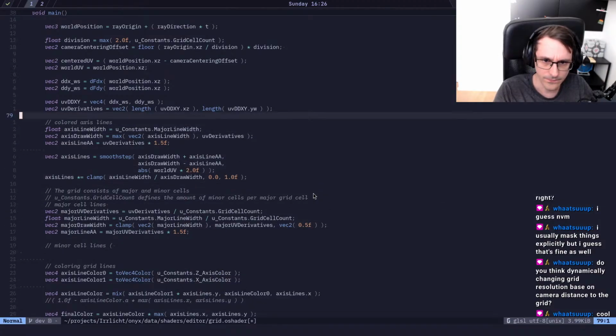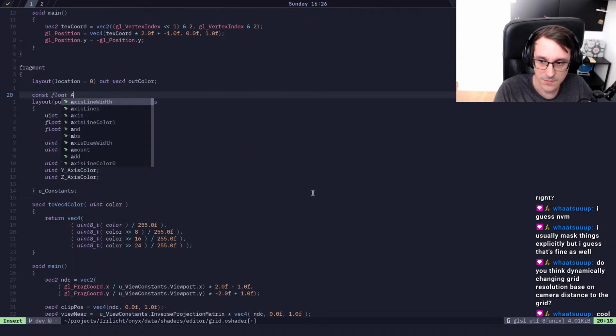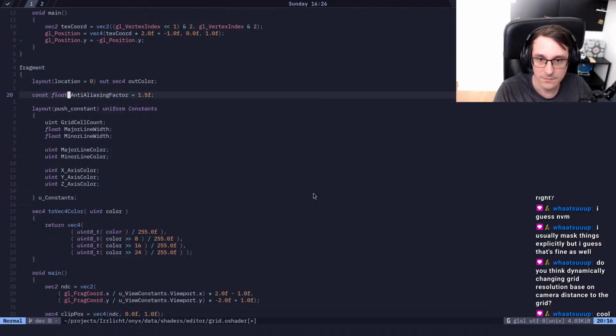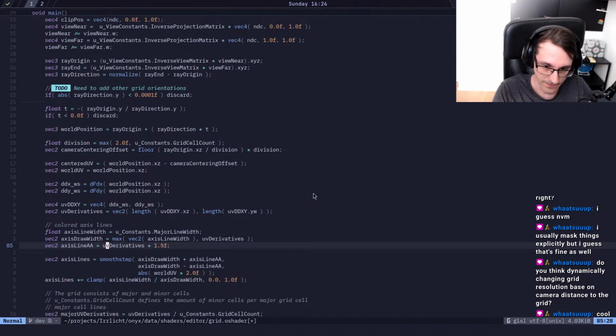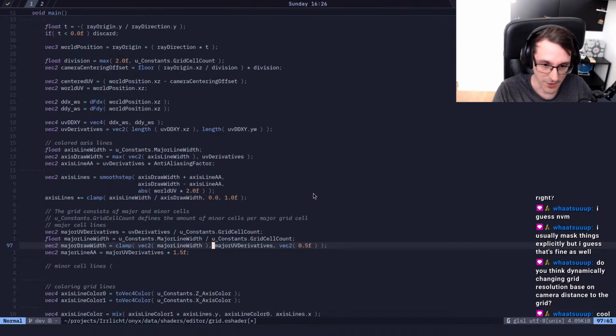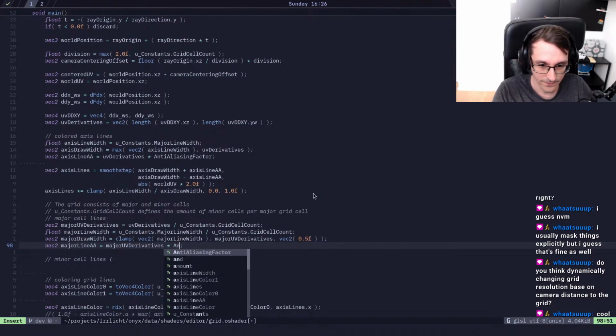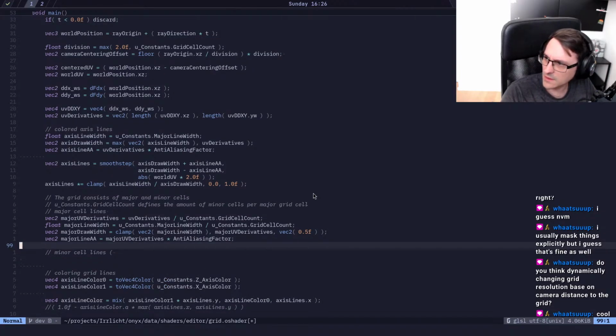Maybe we do a const for that, on the aliasing factor. Not sure I would ever want to change it, but why not change that to a constant? Because I think it makes a little bit more sense.